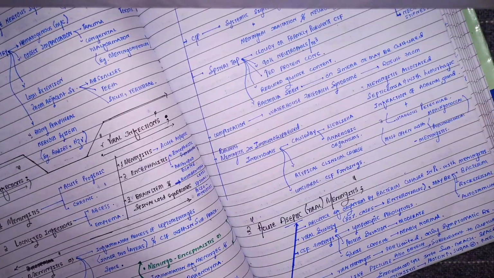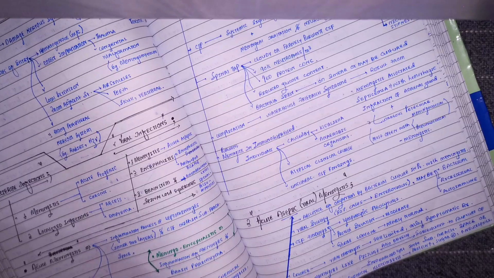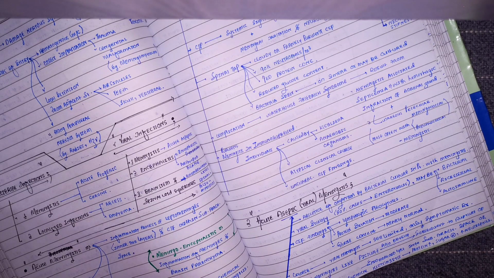Lastly comes the part of acute viral meningitis, which is also called acute aseptic meningitis. देखिए, ये एक प्रॉपर टर्म नहीं है. मैं बताता हूँ इसमें क्या होता है. If you are suffering from meningitis, and you perform the CSF culture and you see there is no bacterial growth, but still you have meningitis, that is said to be aseptic meningitis.